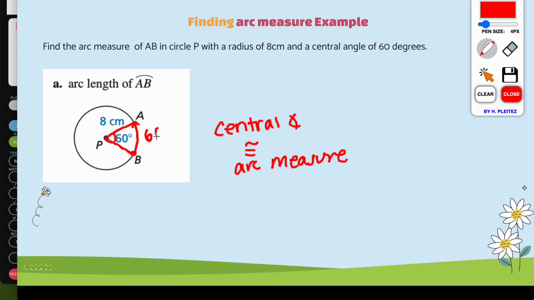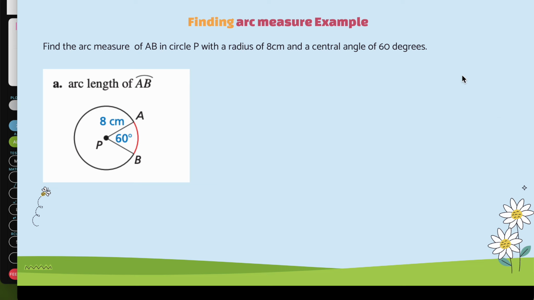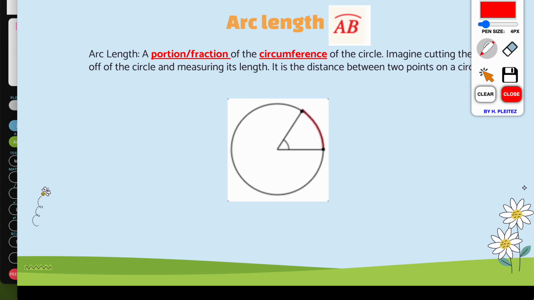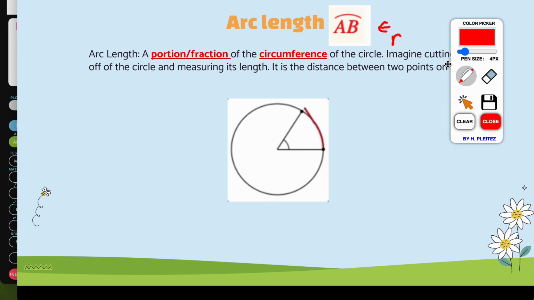So our arc measure here, the measure of arc AB, is 60 degrees. Now, a big thing is associating arc measure with degrees, because we're going to talk about another form of measuring this portion of the circle, and here we're talking about arc length. If you take a look at the notation, just notice there's no lowercase m here. So there's no m.